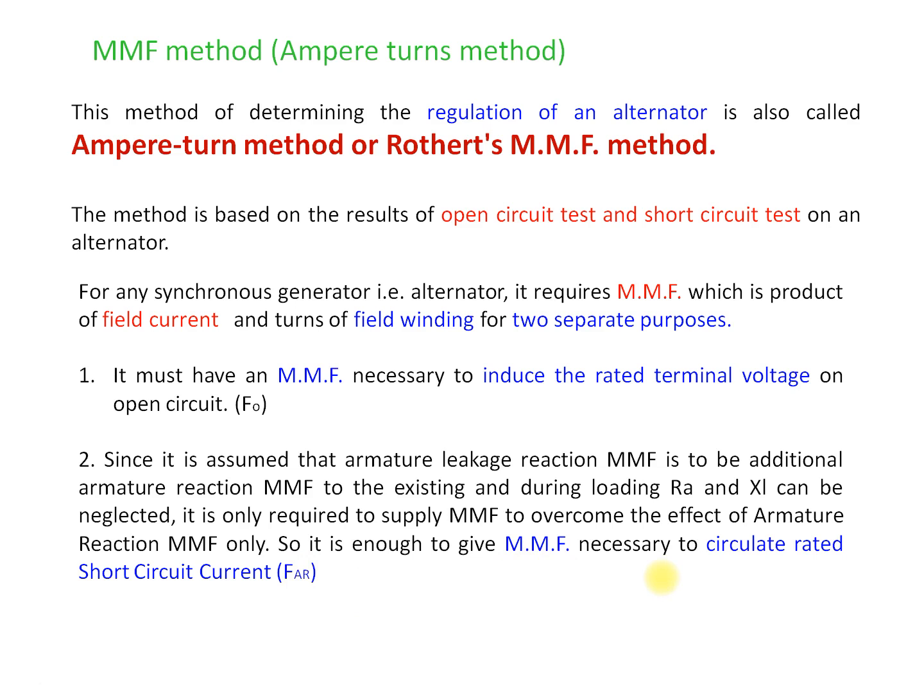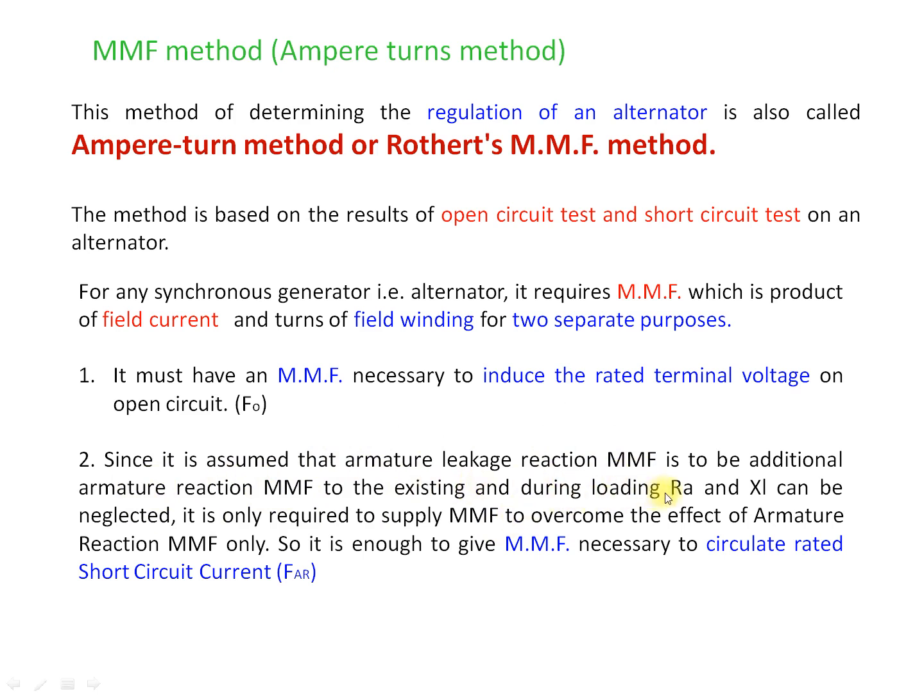Why we need to do the short circuit test is because it is assumed that the armature leakage reaction MMF is going to be additional armature reaction MMF to the existing armature reaction MMF. So we will be considering this armature leakage reaction MMF as an additional armature reaction MMF.